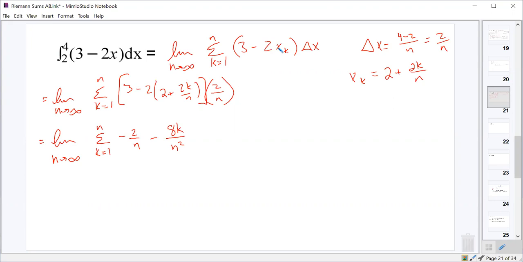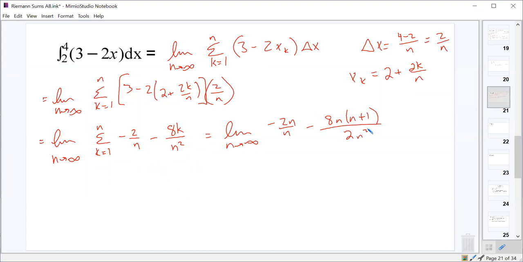Okay. So what does our negative 2 over n become as we do the summation? It becomes negative 2 over n times n. And the minus 8k over n squared becomes minus 8n times n plus 1 over 2n squared.